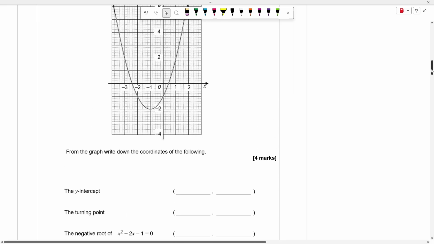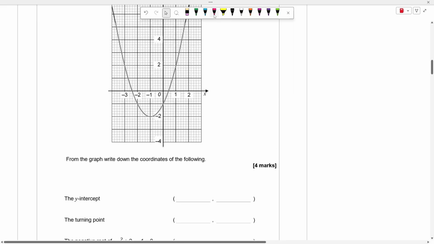Well, the y-intercept is where the curve crosses the y-axis, which is at this point here, and the coordinate of that is 0, minus 1. Then the turning point, which is at this point here, has a coordinate of minus 1, minus 2.